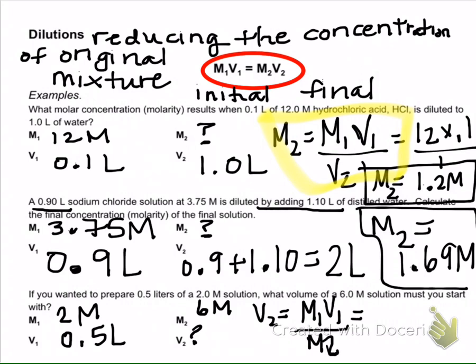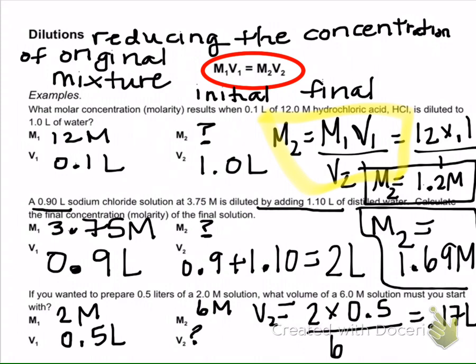So that's going to be 2 times 0.5 over 6, and that's going to be 0.17 liters. I just cleaned that up a little bit. So down here, what we are solving for is V2.